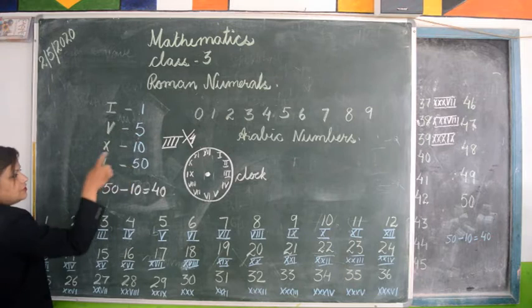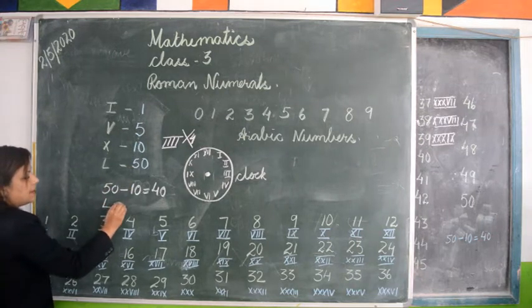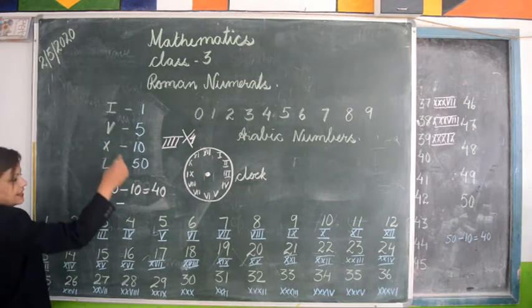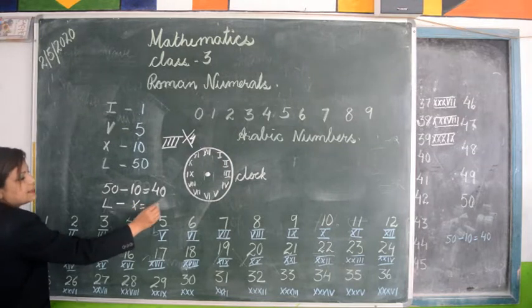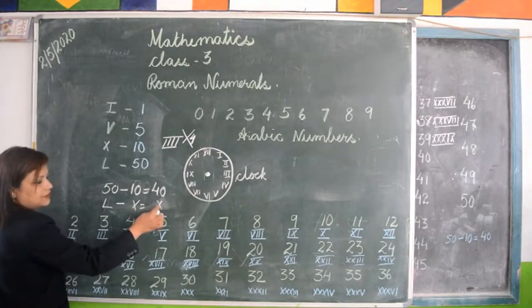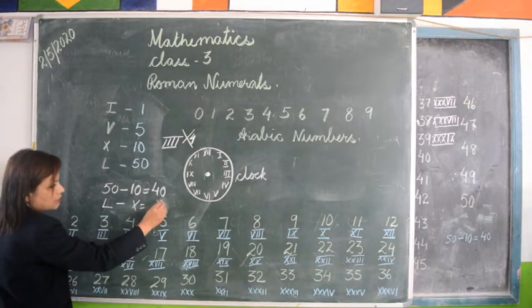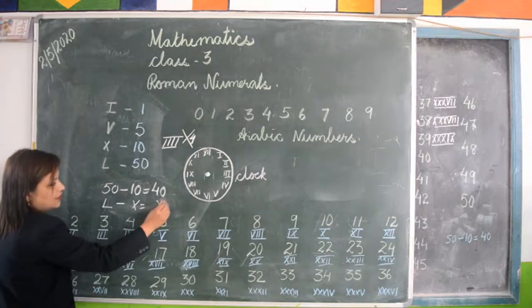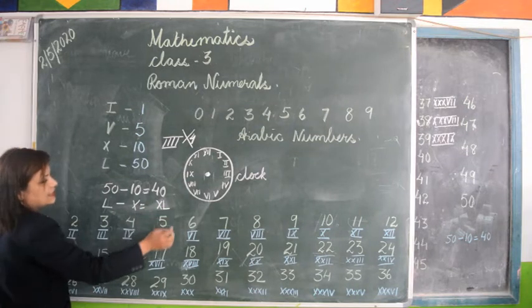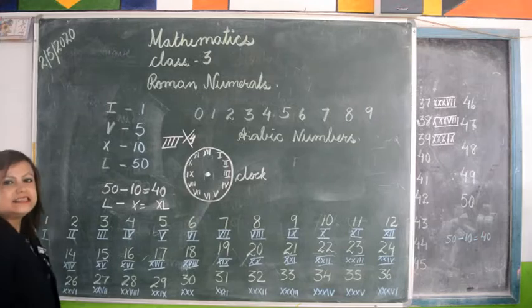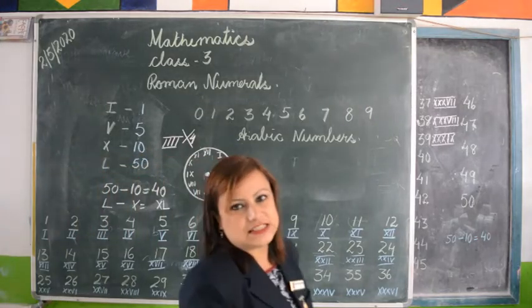So, 50 we write L, minus 10 is X. If it is minus, you have to add on the left hand side. 50 minus 10, XL. This is 40. Okay?